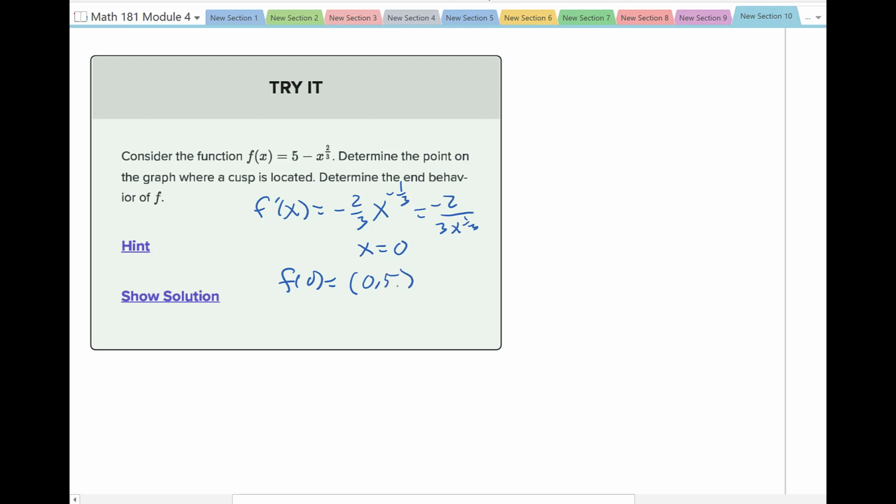Now let's take a look at the limit. The limit as x approaches 0 from the right side of the derivative, negative 2/3 x to the negative 1/3. That's going to be negative infinity. I had these backwards. The first one was negative infinity.